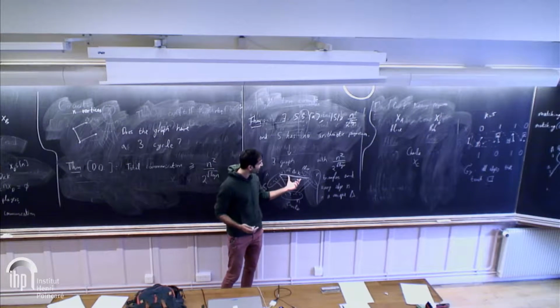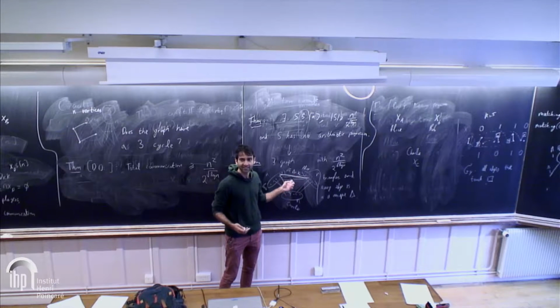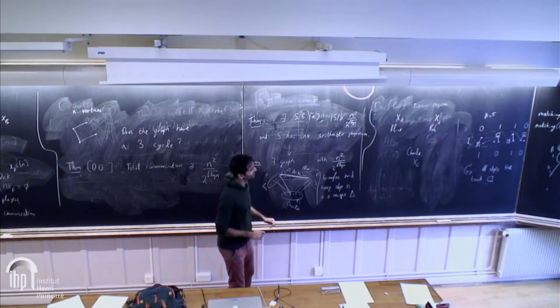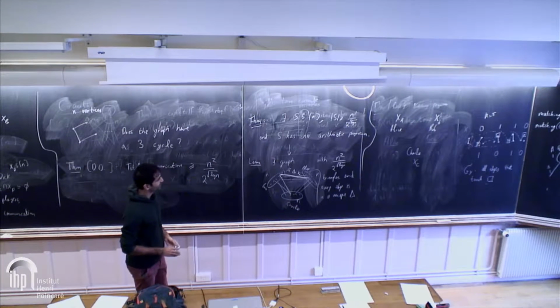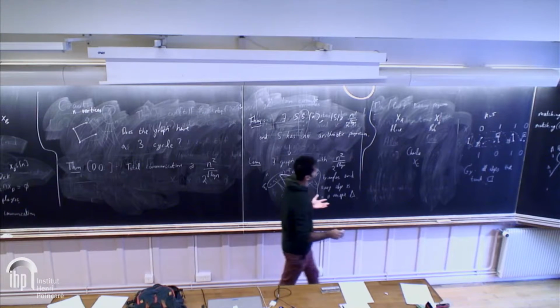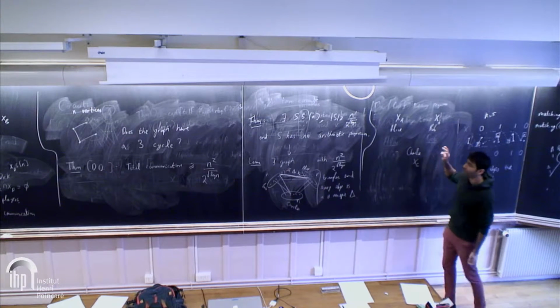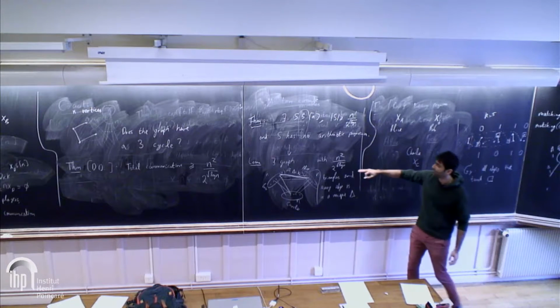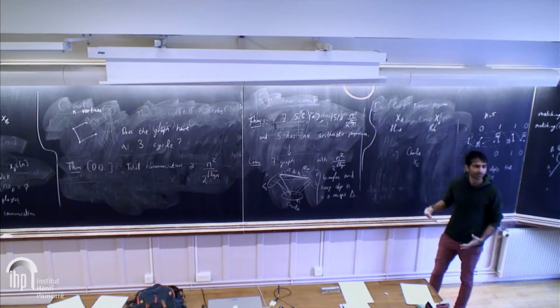It means that triangle must be in all 3 sets, because all 3 edges of the triangle have to be in. So it's kind of a nice idea. But it shows that the number of triangles here was n squared over 2 to the square root log n, and the communication must be at least that much.